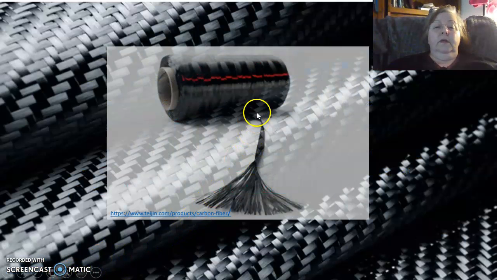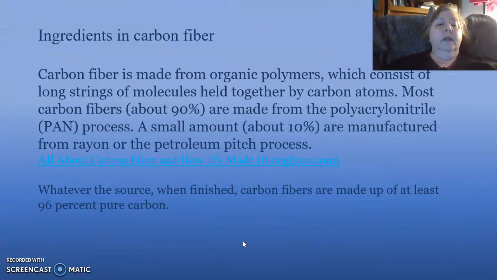This is one of the spools of the fiber, and you can see how many little strands it takes to make one of these pieces of tape, which would be woven into fabric like this. Ingredients in carbon fiber. Carbon fiber is made from organic polymers which consist of long strings of molecules held together by carbon atoms.